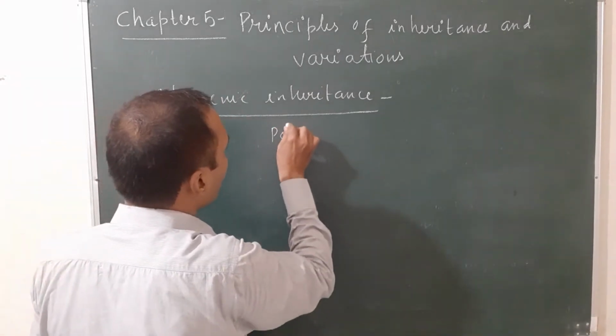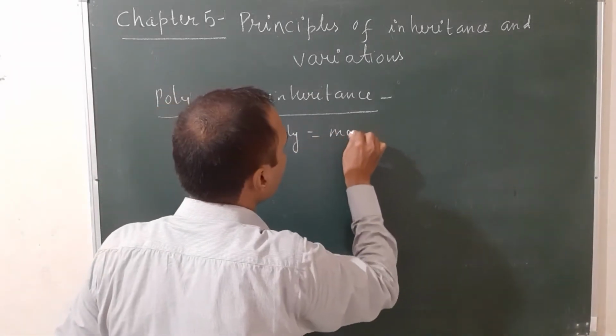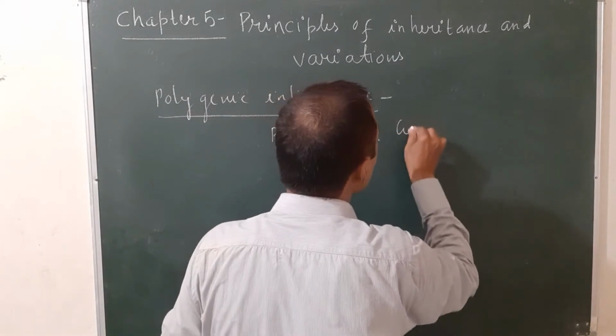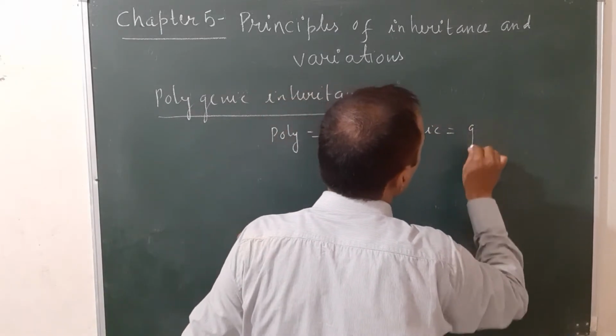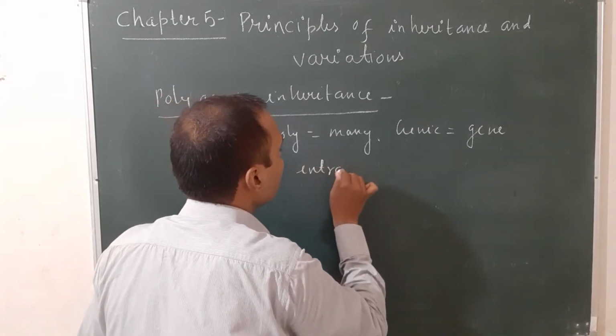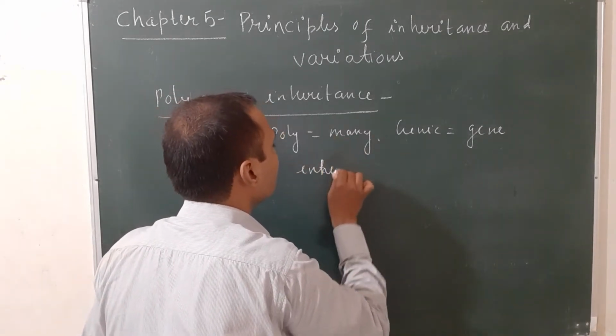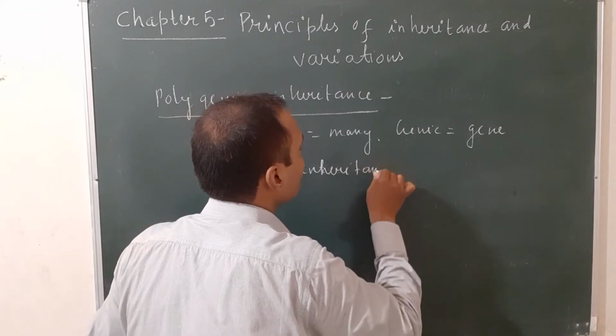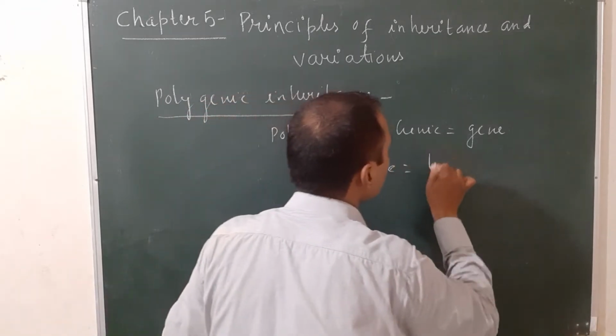Poly means many, genic means gene, and inheritance means transfer.